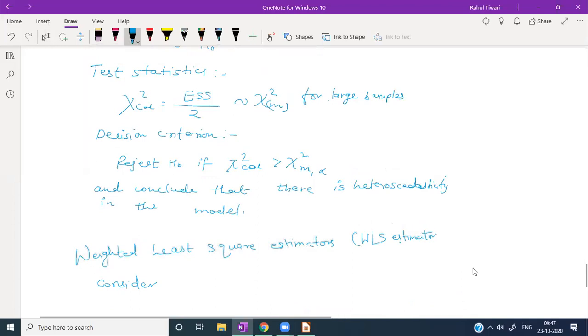Okay, so we'll do the derivation based on OLS.